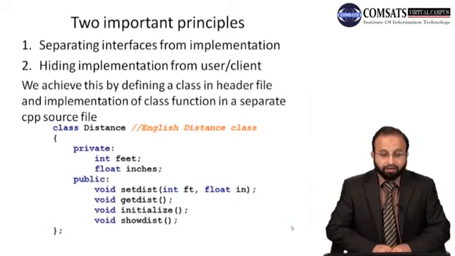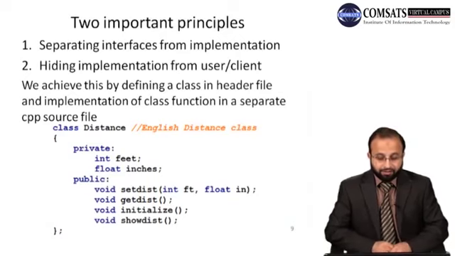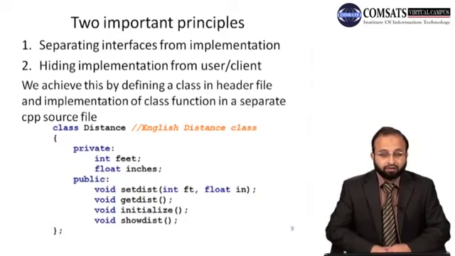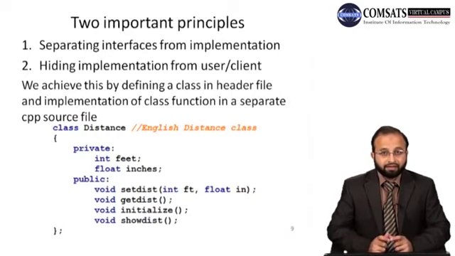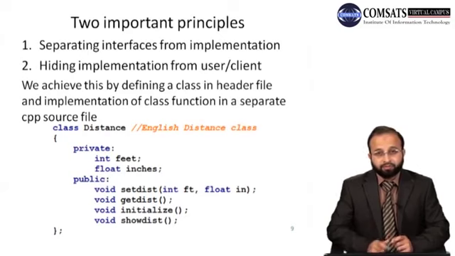But that is not actually enough to hide, because with this information a user or client knows what private data member exists in your distance class, what parameters you are passing to the function, and what the names of the functions are, and he can realize how these functions may work. So all the things are actually not hidden from the user, because a user can see the private data member of the class, since you are providing the definition of the class with the private data member and the prototype of the public member function.